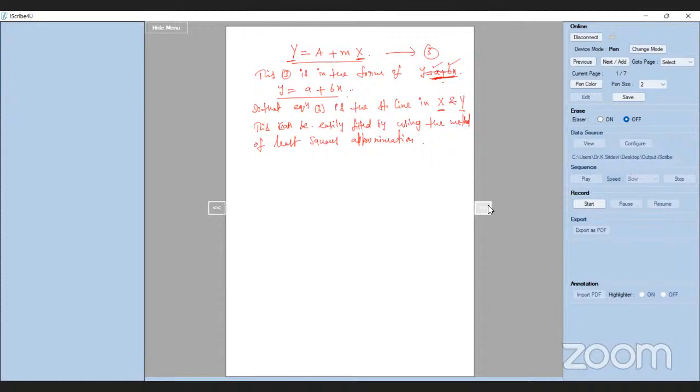So what are the normal equations for this one?